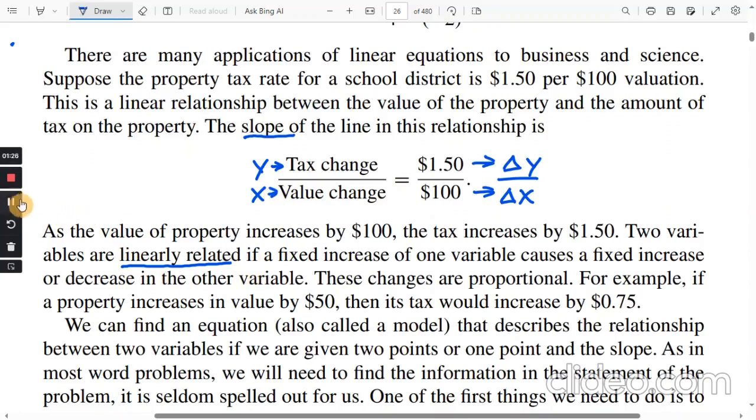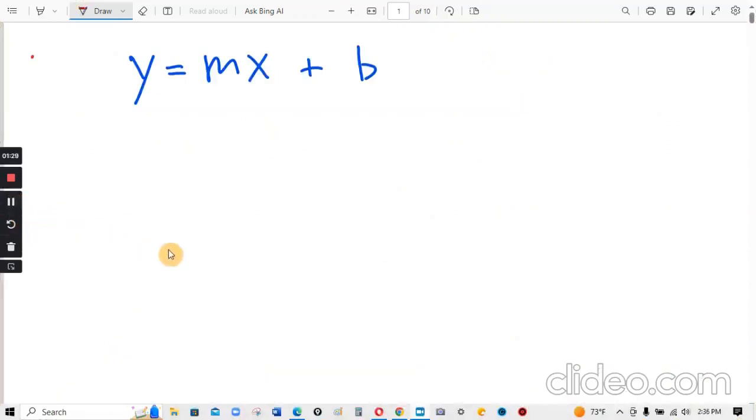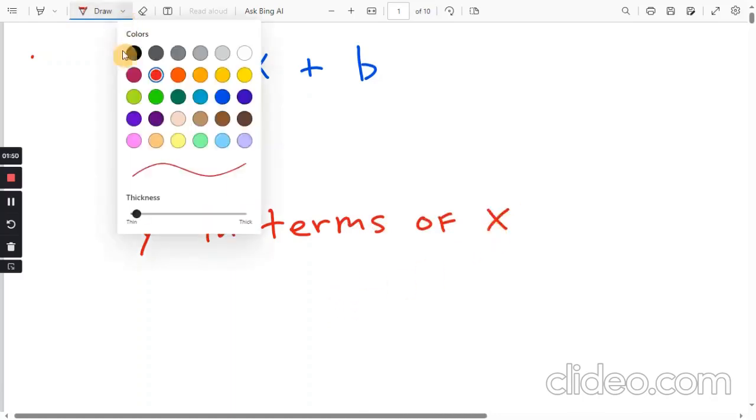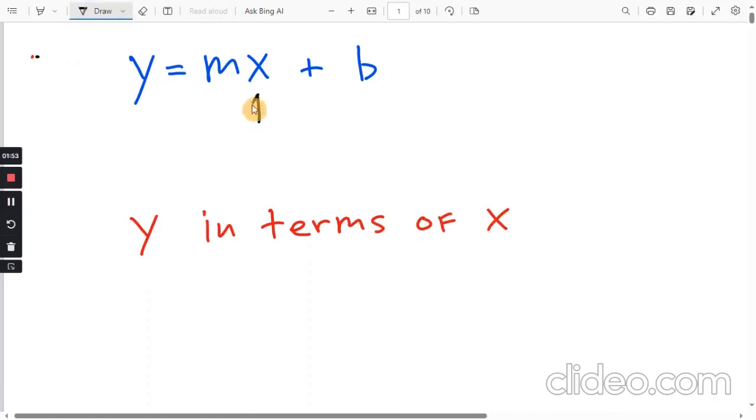We're going to do some examples. So when you write your line equation, y equals mx plus b, you are basically writing y in terms of x. All right, so typically you plug in a value for x and you obtain a value for y.